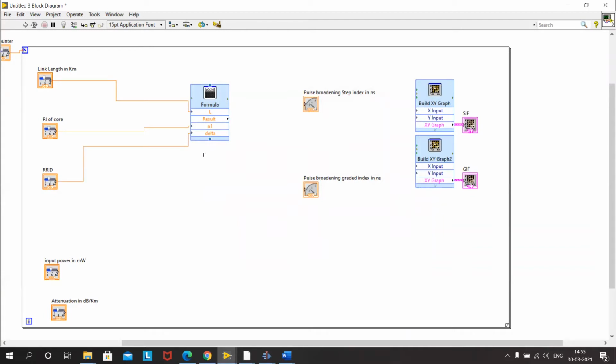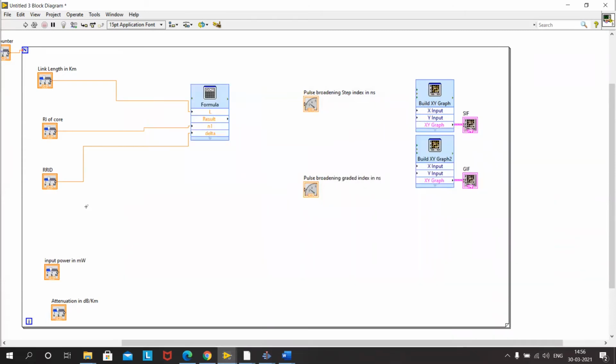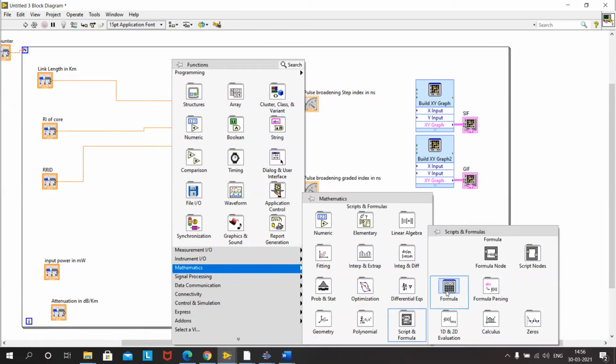Now we have the sigma. Now to calculate the output power, we know the formula for it. Again, we'll be using the formula board.